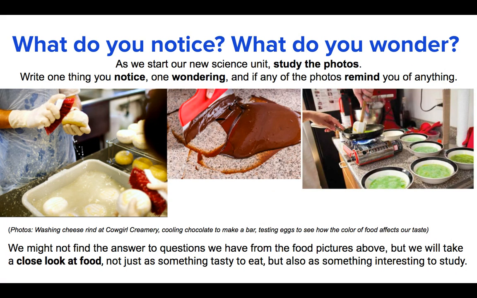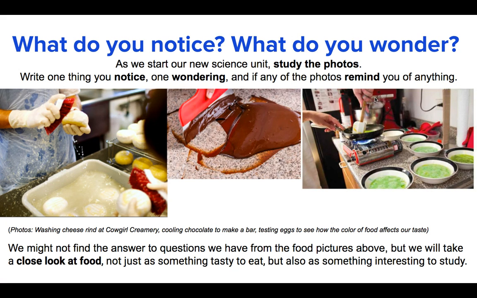So as I said, all three of these photos show food preparation. This first photo shows washing cheese rind at Cowgirl Creamery. The next picture shows cooling chocolate and smoothing it out to make a candy bar.